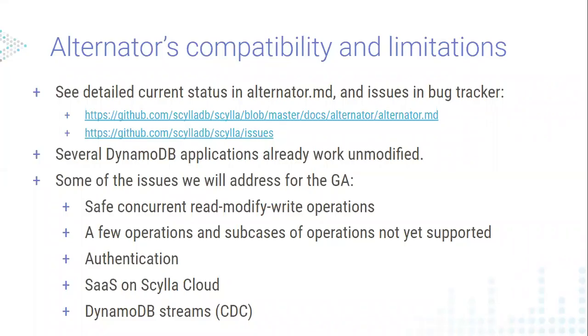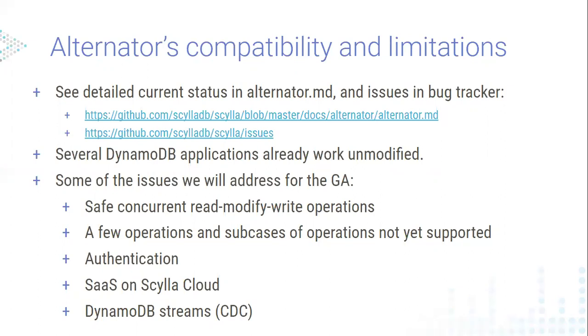There was a question whether we support DynamoDB Streams, and to give you a lengthier answer, right now we're about to ship change data capture for Scylla that gives basically the same functionality, but with a different API. So this will be more immediate, and only later on we'll try to impersonate the same API for DynamoDB Streams.